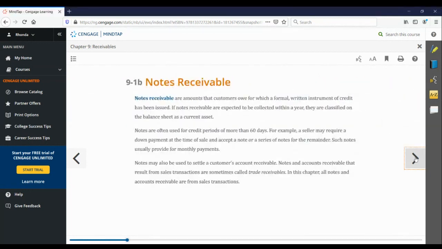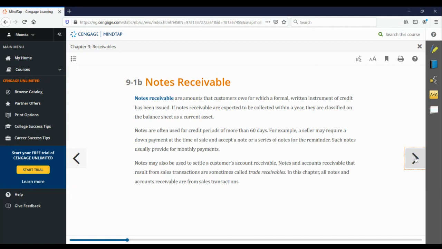Another type of receivable that we have not talked that much about is what we call notes receivable. The main difference between accounts receivable and notes receivable is that notes receivable is a formal written document that is backed up by a promissory note that usually carries some interest on it. If the notes receivable can be collected within 1 year, we'll consider it to be a current asset.